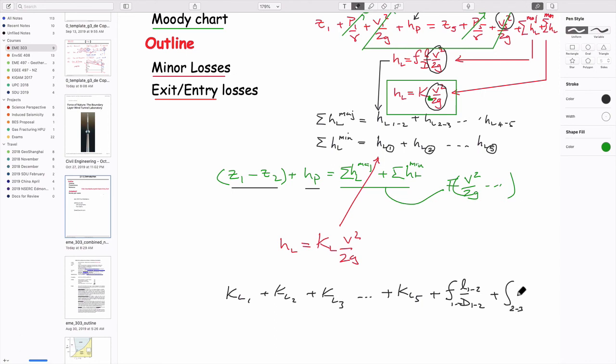2 to 3, and length over diameter, etc. But you could bracket those terms and, oops, run out of space, and you could multiply them by a common v squared over 2g.